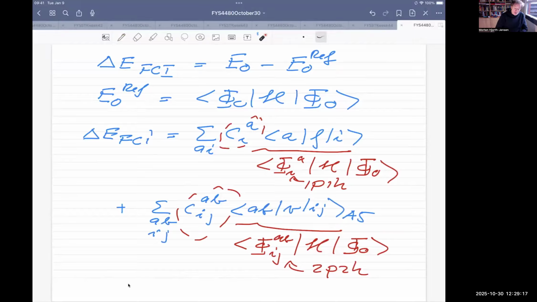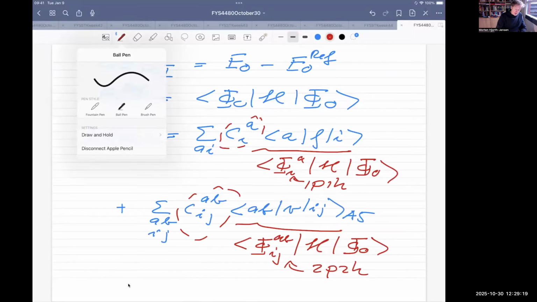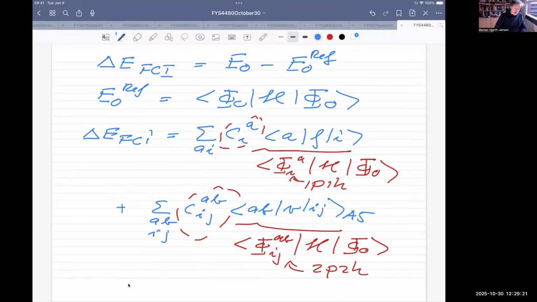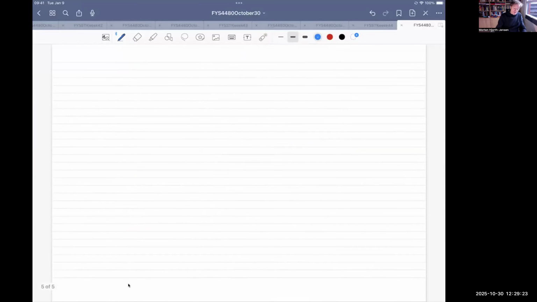Okay, so the other thing which we did last time was also to define projection operators. Now we are going to assume that we have a non-degenerate ground state, so there's only one ground state for the system. And this is our Slater determinant, which we use as an ansatz.